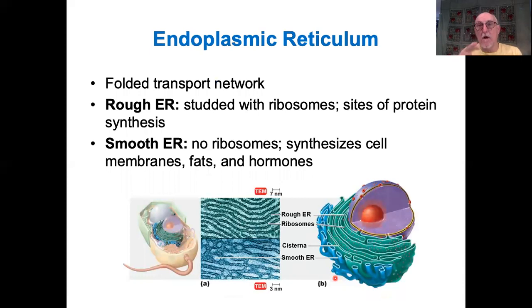Now, often closely associated with the nucleus and with the nuclear membranes, there are elaborate folds of envelopes which surround in sheaths all throughout the cytoplasm. And this is a folded transport network. It's called endoplasmic reticulum. And there are two kinds of endoplasmic reticulum.